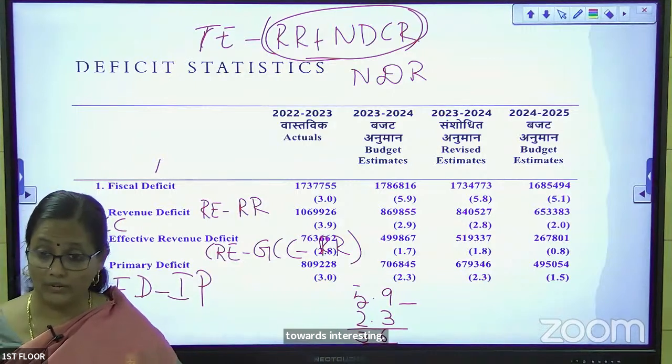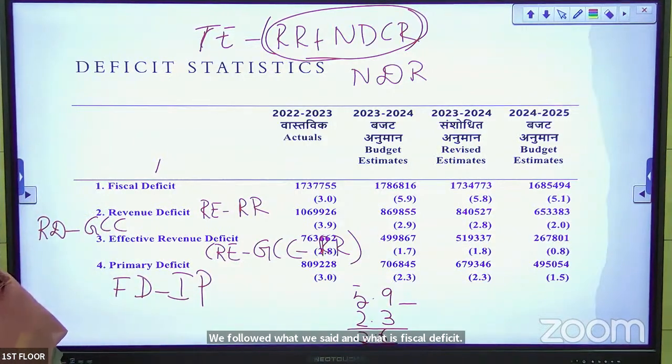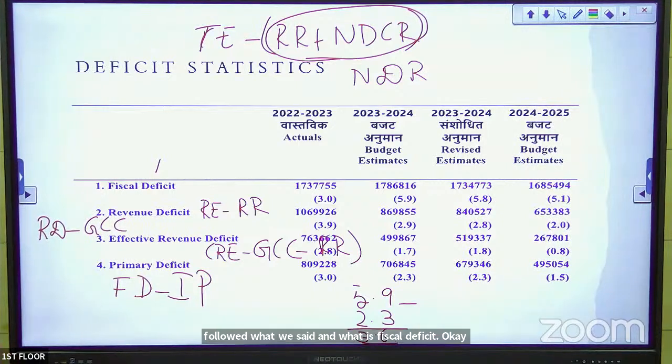And what is fiscal deficit? DCR. DCR in our simple words. What is fiscal deficit? DCR. You saw that borrowing as 28 paise in our first diagram, is it not? That is DCR. Debt creating capital receipts. That is fiscal deficit.